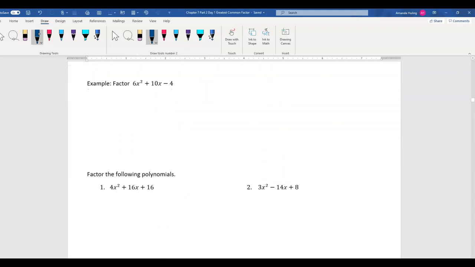Now, remember, what was the very first thing I said you need to do? And that is always check for a GCF first. So always, always, always check for a greatest common factor. Okay, and in this case, I see 6x squared plus 10x minus 4. And they can all be divided by 2.